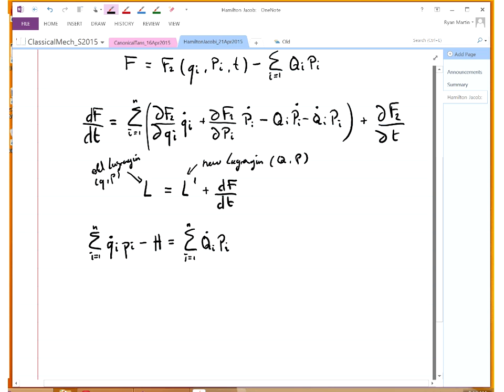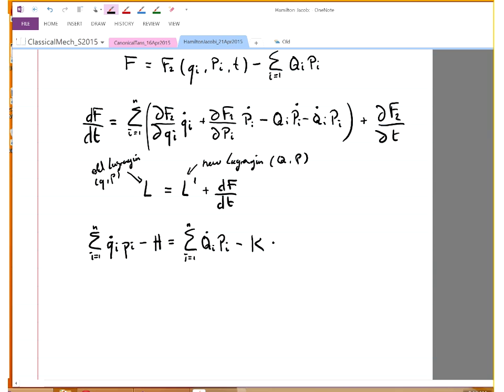Now it's capital Qi dot capital Pi, and then it's minus K. Alright, so that's the new Lagrangian L prime. It's just how you go between the Lagrangian and the Hamiltonian. And of course we need to add in this time derivative, and that's why we calculated it up there.